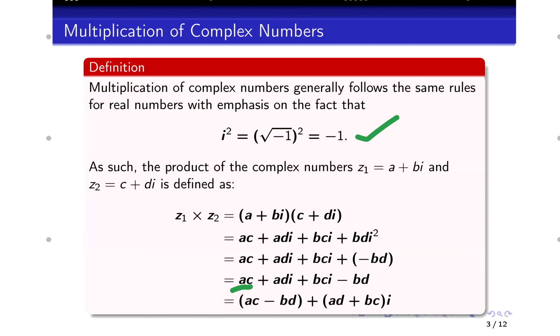And then we have ad plus bc, then i binds them together. So that is the imaginary part. So we have the real and the imaginary like that. So that becomes like some kind of rule that whenever you are multiplying two complex numbers, you have a times c minus b times d, and then a times d plus b times c.